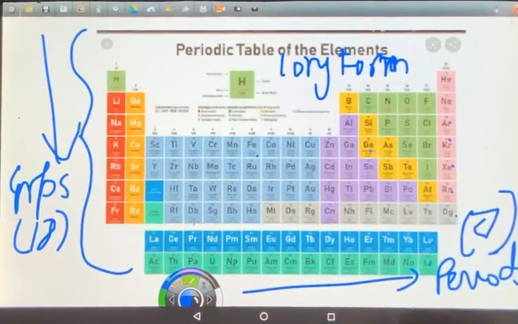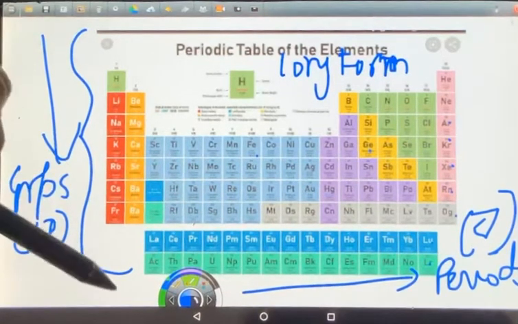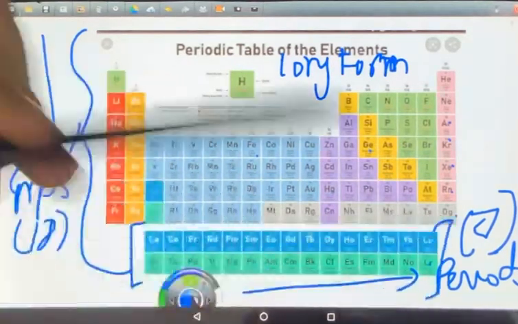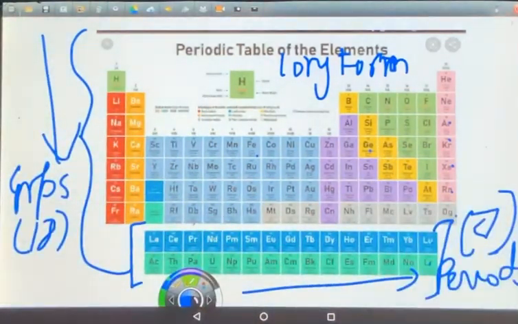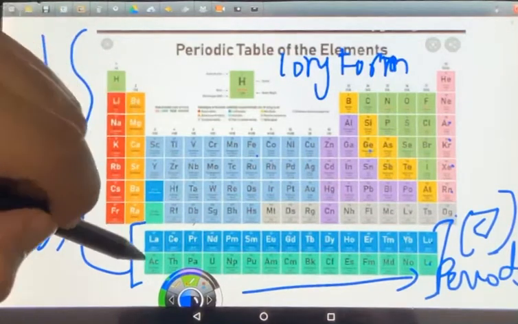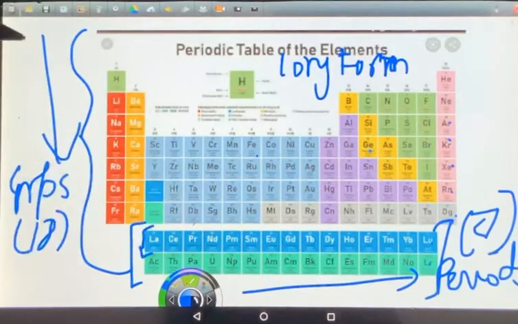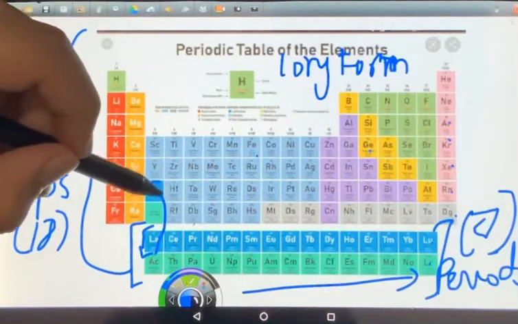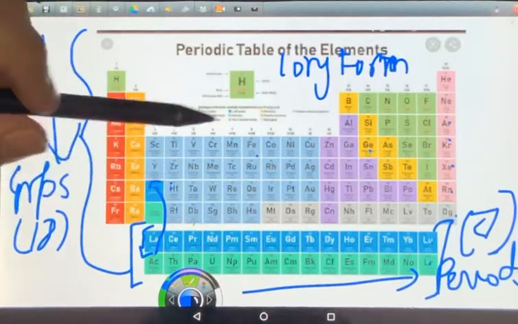Now one thing, we can see that there are 9 periods, but why are we telling there are 7? You can see one more thing, that these last 2 periods are actually placed a little below the original periodic table. This is because these elements have special properties and they are included in period number 6 and 7. This is called the lanthanoid series and is a part of group number 3. These elements are included between these two, but we write them separately.